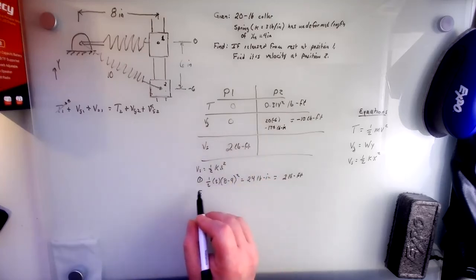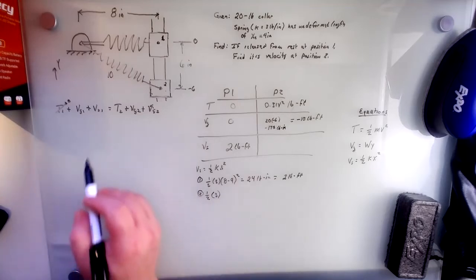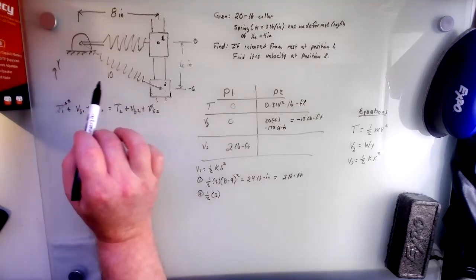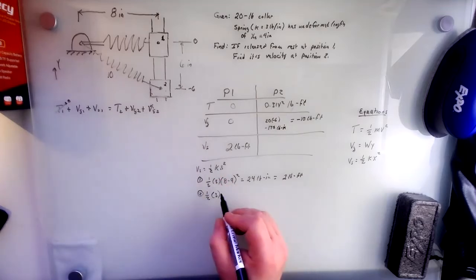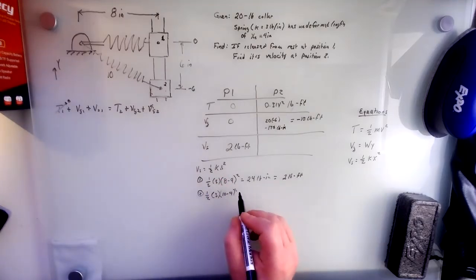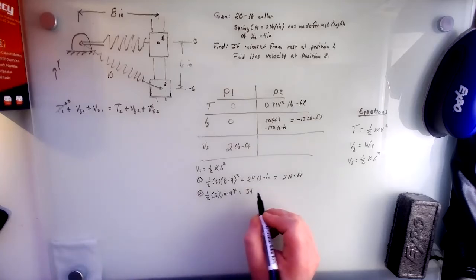Okay, and at position 2, 1/2 times 3. Well, how far has it gone? This is a 3, 4, 5 triangle, so it's gone 10. And what do we get? We get 10 minus 4 squared, that gives us 54 pound inches.